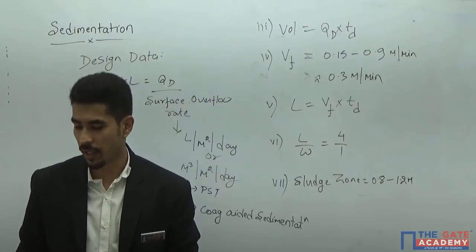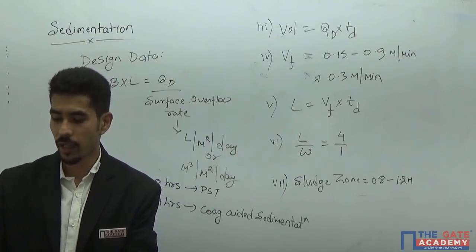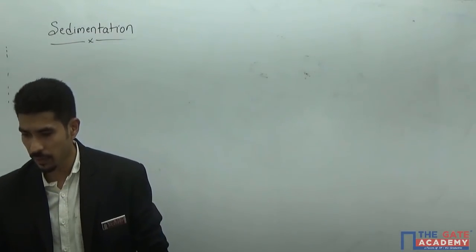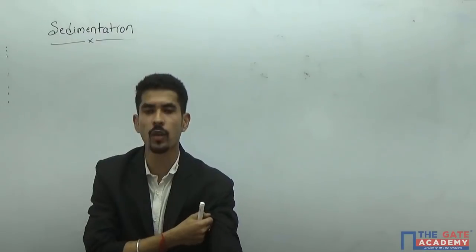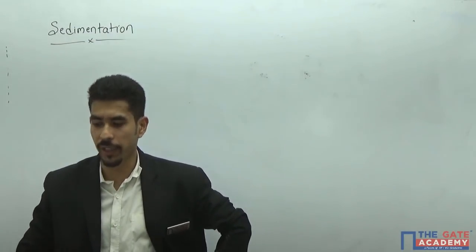Let us take a simple question which was asked in GATE 2017. The question says, a municipal corporation is required to treat 1000 meter cubes per day of water.